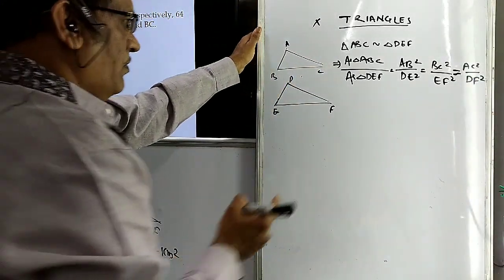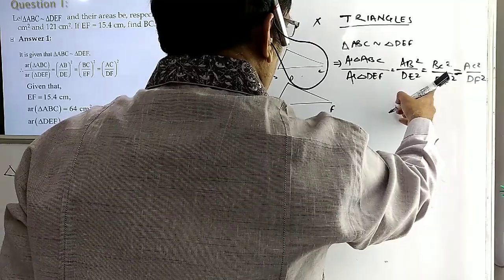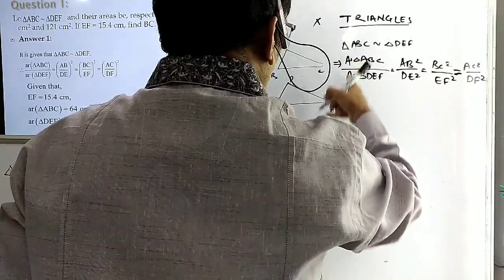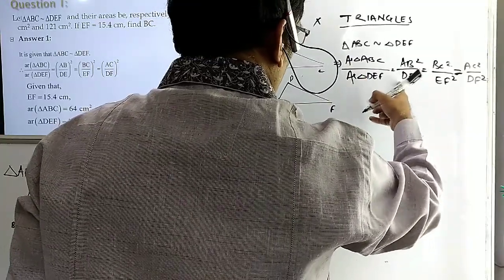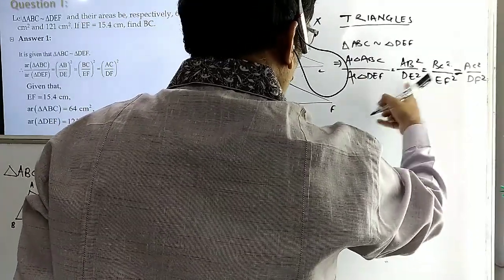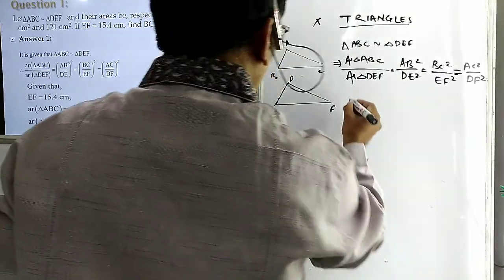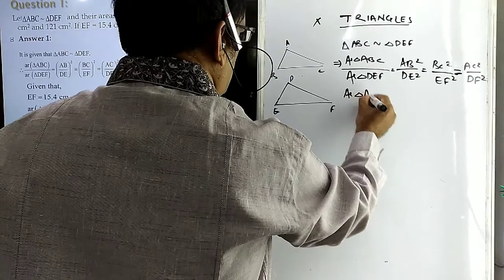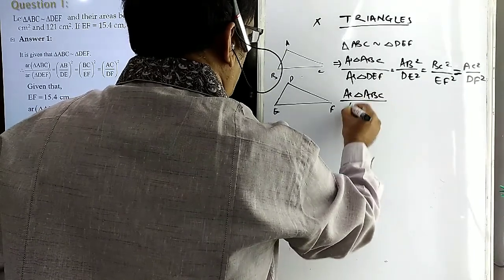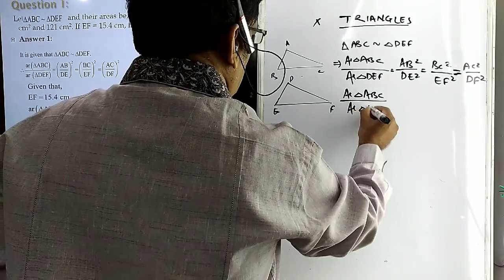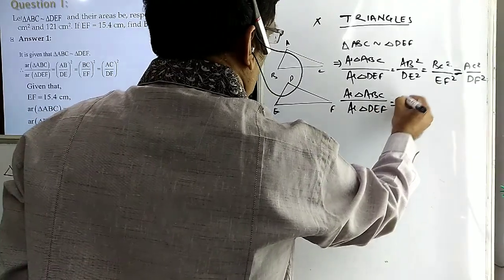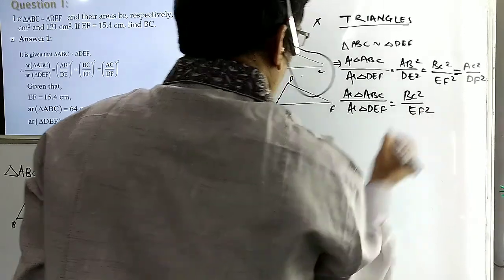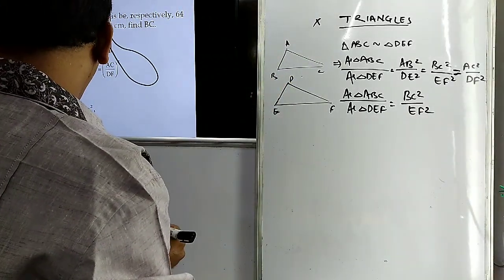Now what is given? EF is given. What is required? BC is required, and these two areas are given. So these two terms have no role. So we put area of triangle ABC by area of triangle DEF equal to BC square by EF square, and put the respective values.